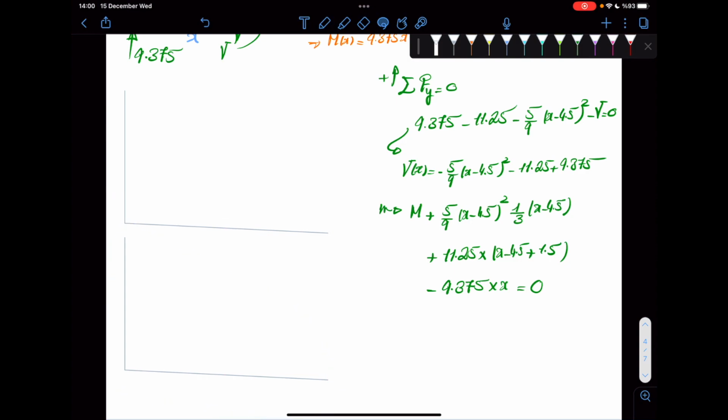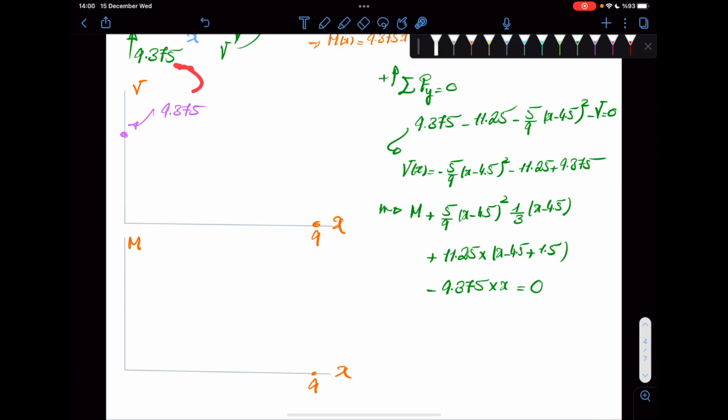Underneath, we can also plot the moment distribution. This is shear force, this is moment. Now, your shear force starts from 9.375. So it's somewhere here. You see, this is basically just this number, and it is upward, so it's a plus value.